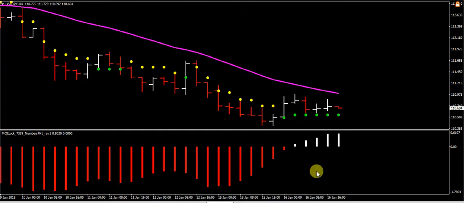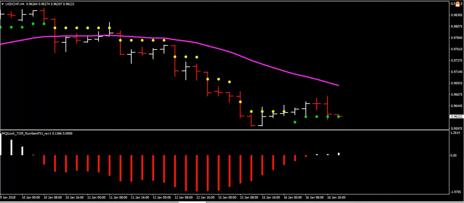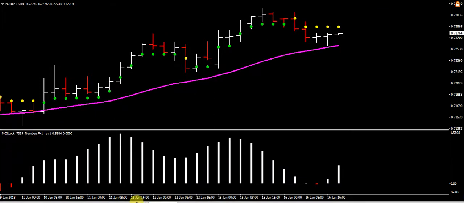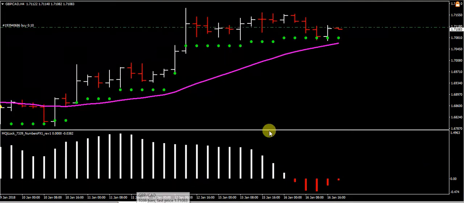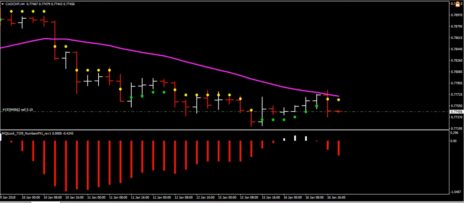Okay, so we've got 2 trades there, and we'll see how they both get on. So that was the pound CAD as a buy, and the CAD Swiss franc as a sell.